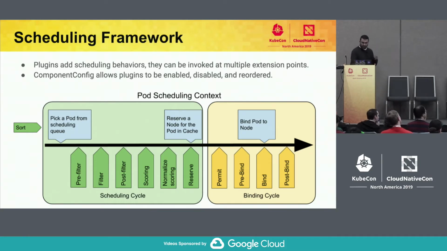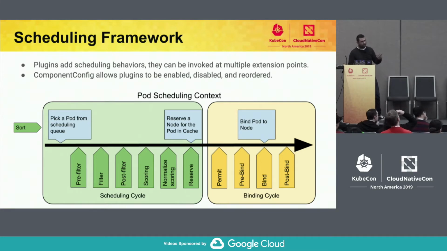And then there's a phase called normalize scoring. Usually the way that we do things is that we execute those extension points per node. But then there are some scoring functions that you want to normalize. After you scored each node, you want to do some sort of normalization. And this is what this extension point allows you to do.